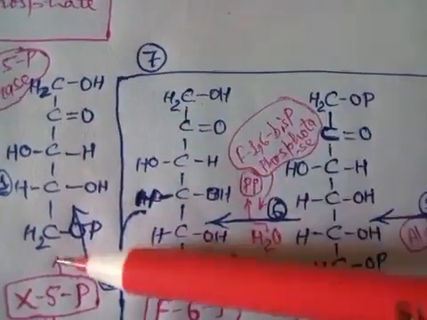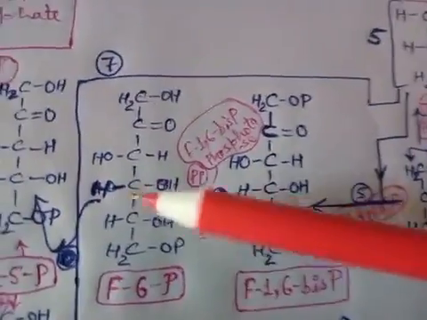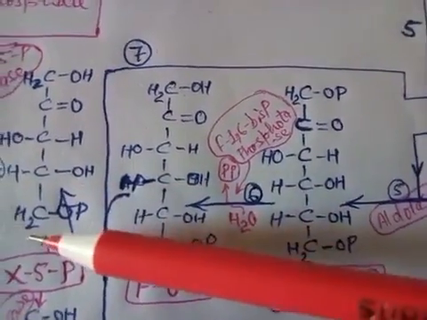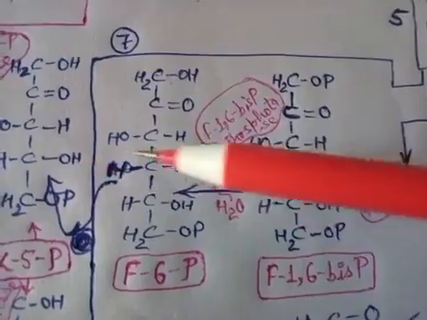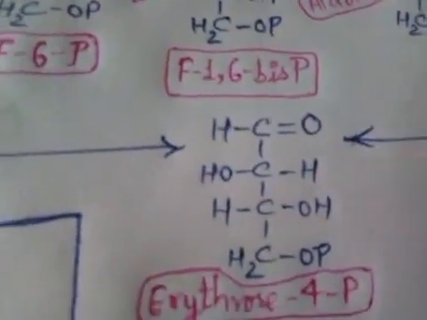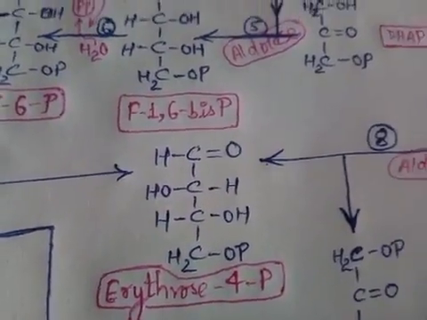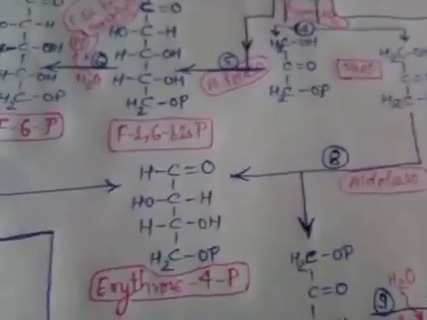So this is the way xylulose 5-phosphate is formed, and the rest, that is 1, 2, 3, 4, the rest 4 carbons are now converted into erythrose 4-phosphate. Now what happens?